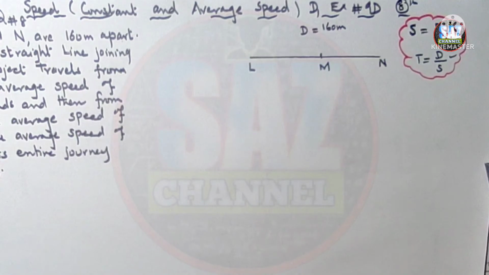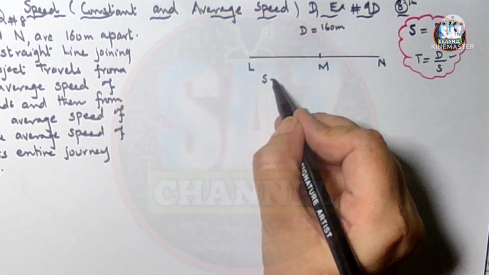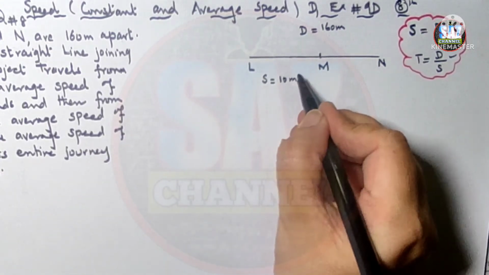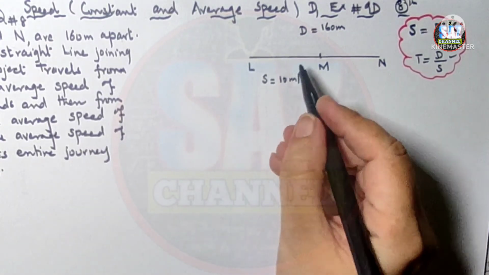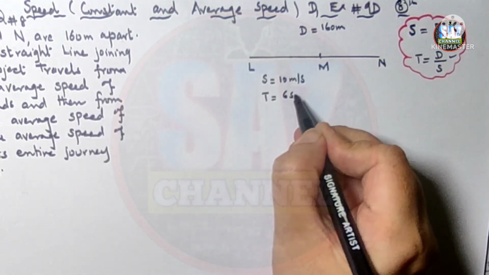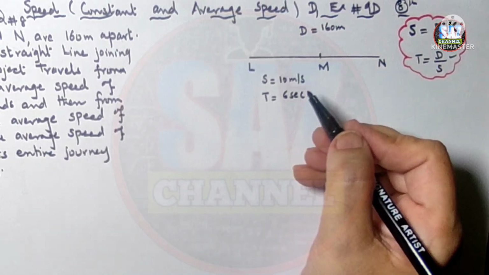An object travels from L to M at an average speed of 10 meters per second. Speed of the object from L to M is 10 meters per second, in 6 seconds. Time is 6 seconds. And then what is happening next?